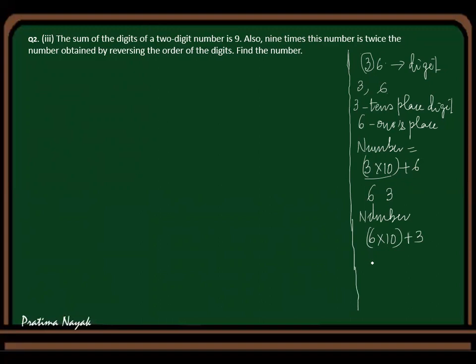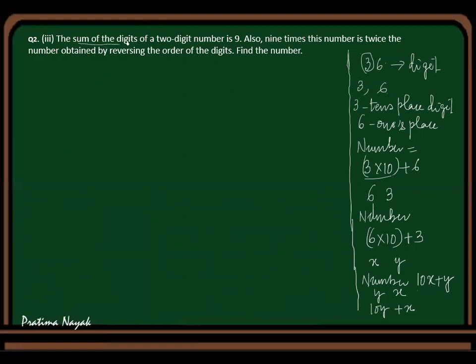Same thing happens if I take x as the tens place digit and y as the ones place digit: the number is 10x plus y. Similarly, if I change them, the number will be 10y plus x. This is the reverse number. So let us go to the question now.